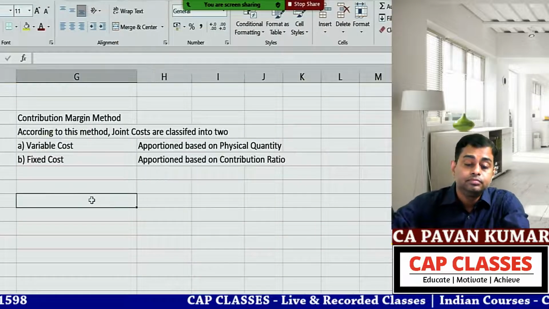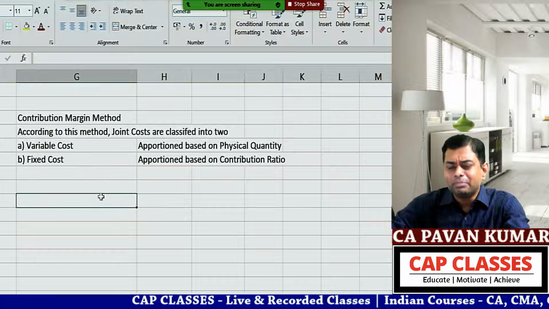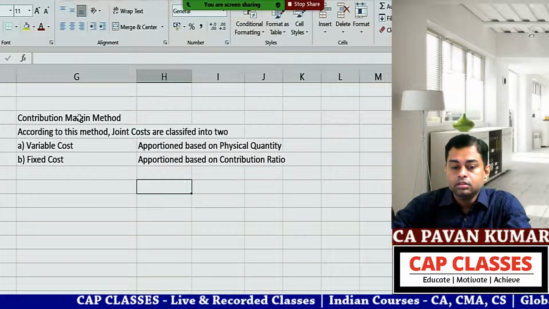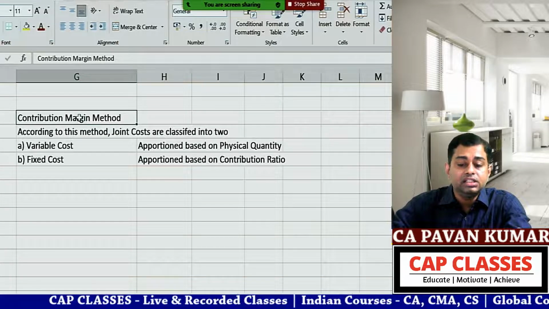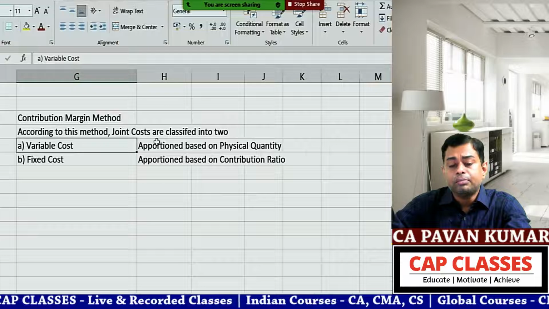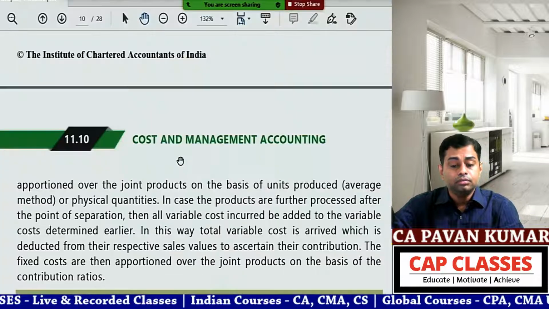That's all. Not any great method, a little different from what we have done earlier. So in the contribution margin method, they'll give you fixed cost and variable cost separately. Variable cost apportioned based on physical quantity, fixed cost apportioned based on contribution ratio. That's all.